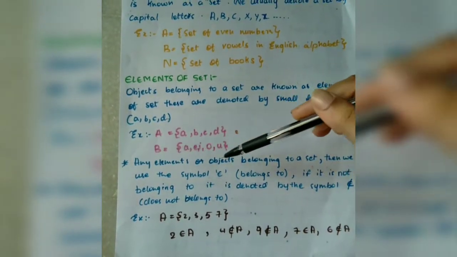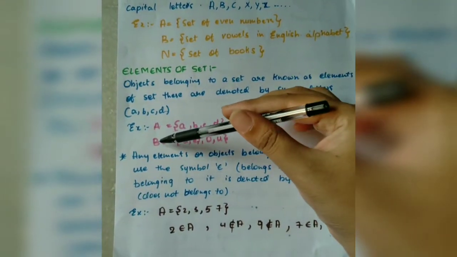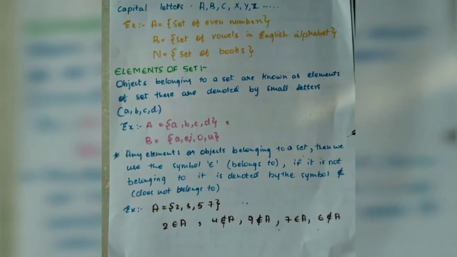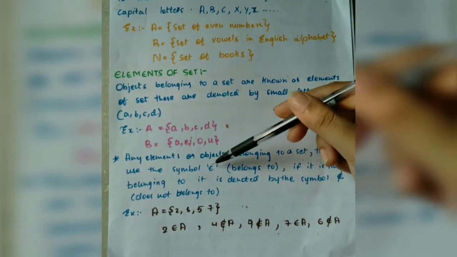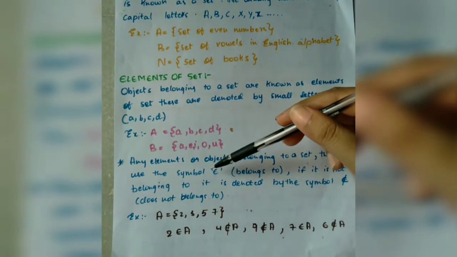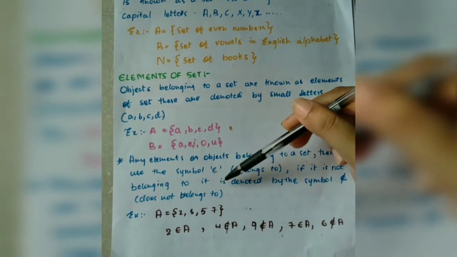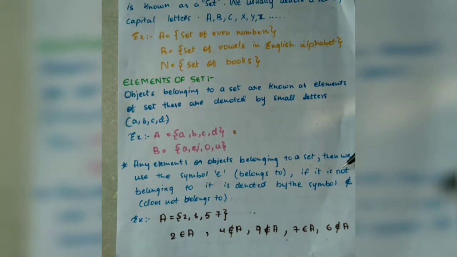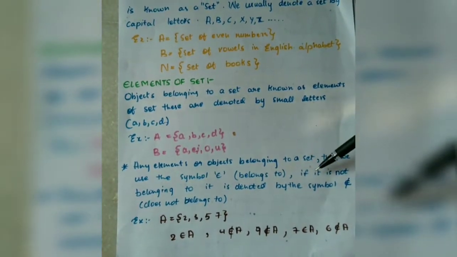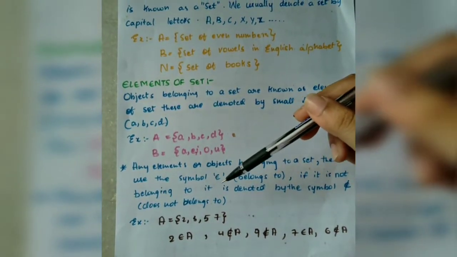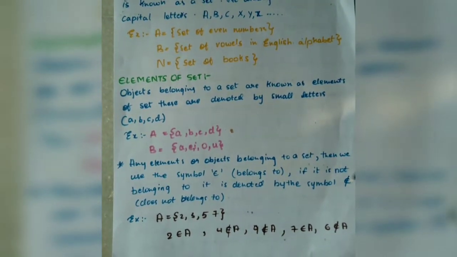Here I will discuss all the definitions. This symbol is known as belongs to. It looks similar to a capital E, right? And this one is not belongs to. If the element does not belong to the set, it is denoted by does not belong to.